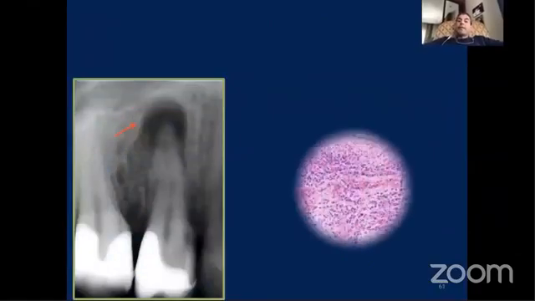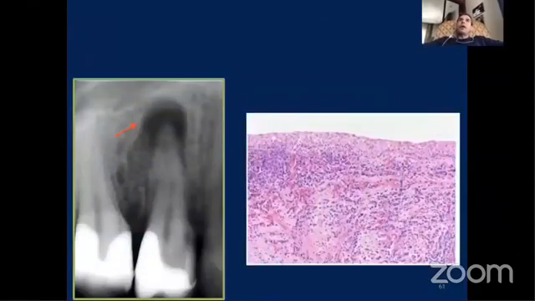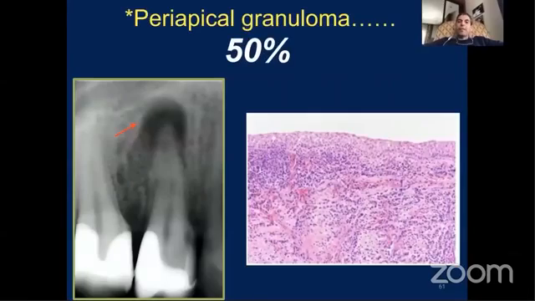So the percentage of granuloma among those endodontic lesions is about 50%. So 50% of endodontic lesions are granuloma.